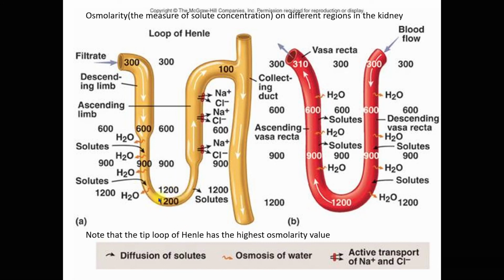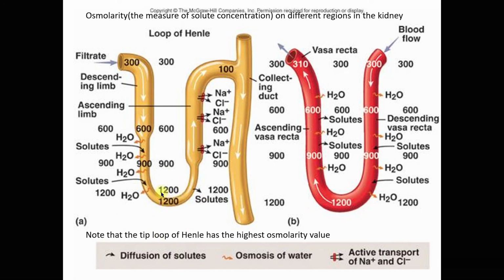Why does the bottom of the loop of Henle have the highest osmolarity? Because in the thin descending arm of the loop of Henle, water has already diffused out by osmosis. So when water has already diffused, what is left in the glomerular filtrate here? Mostly the solutes. So the osmolarity here is very high.